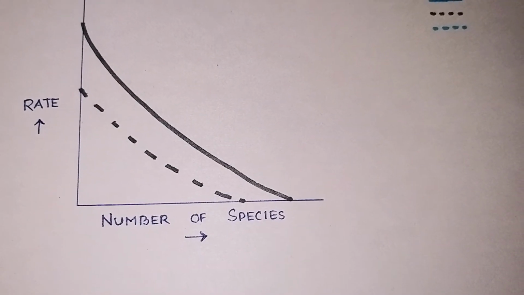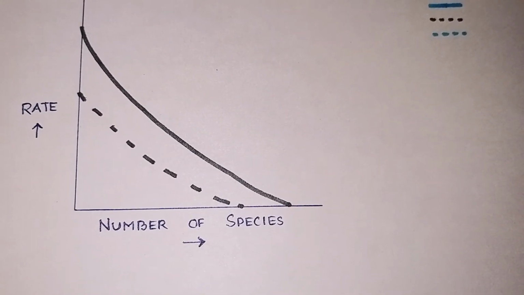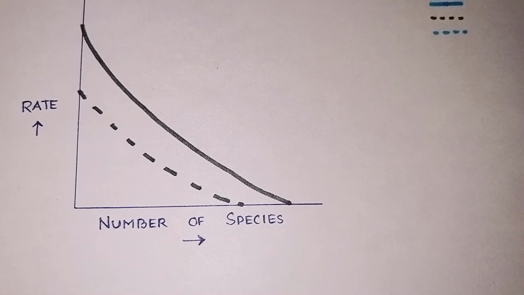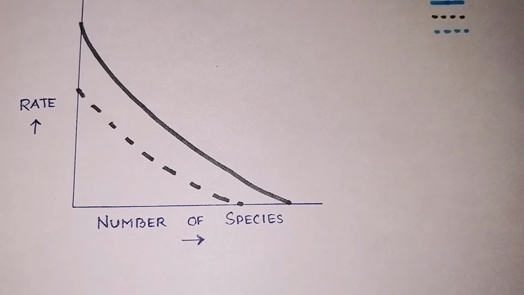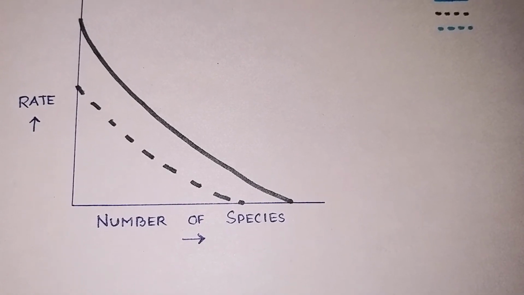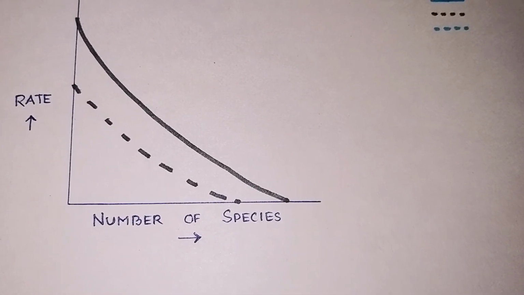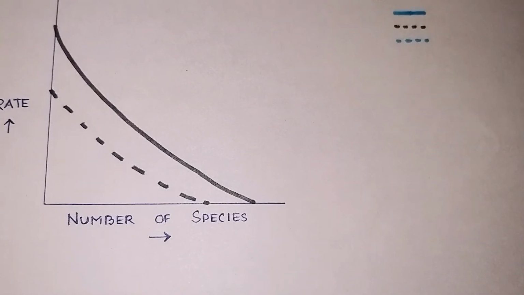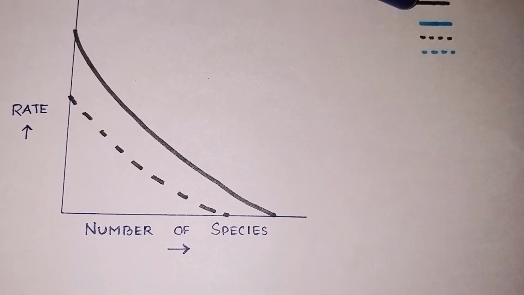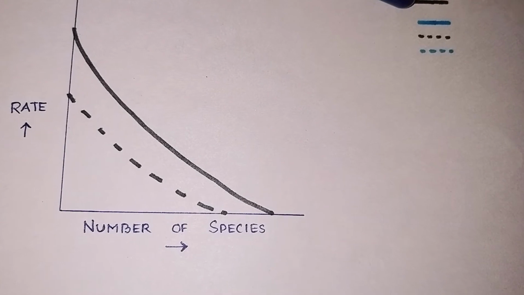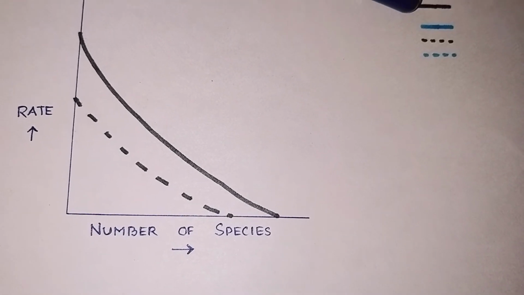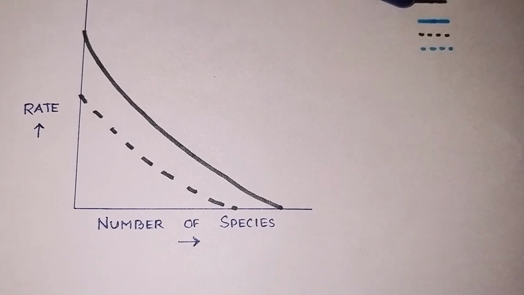For a near island, the rate of extinction is lower than that found on an island which is located far away from the mainland. So now let's draw the curve for the rate of extinction in far island and near island.